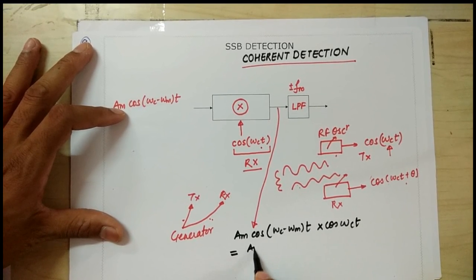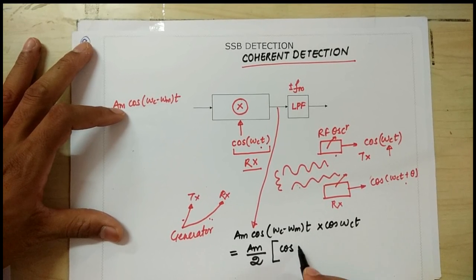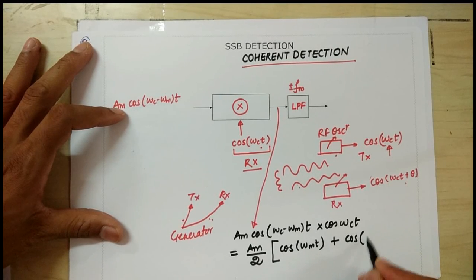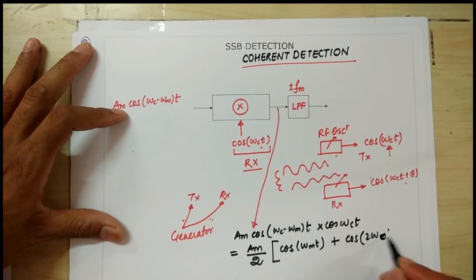Again we have to use the trigonometric identity, so this is going to be Am by 2 times one term with a minus b and one with a plus b. The difference will produce cos omega m t, and the summation will produce cos(2 omega c plus omega m)t.